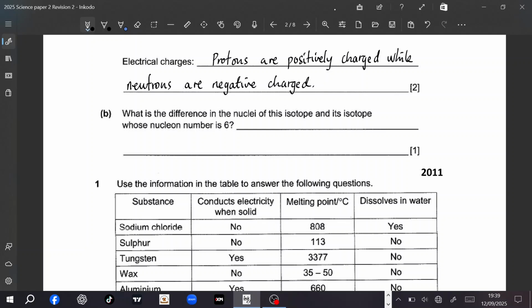It's supposed to be, what is the difference in the nuclei of this isotope with another isotope, maybe whose nucleon number is 6? Anyway, what is the difference in the nuclei of this isotope and its isotope whose nucleon number is 6? So we have one isotope.